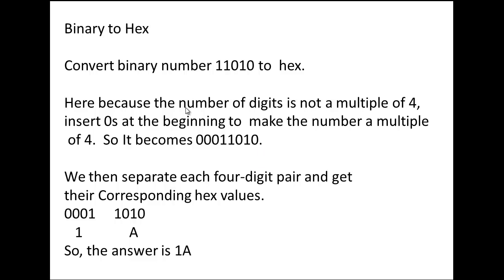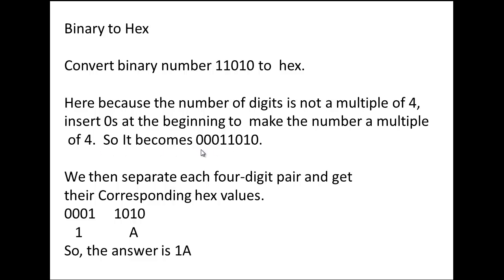Let's look at converting now the binary number to hex. So let's say you were given this binary number, 11010, and you needed to convert the binary number to hex. Here, because the number of digits is not a multiple of 4, you can go ahead and insert zeros at the beginning to make the number a multiple of 4 just for conversion.